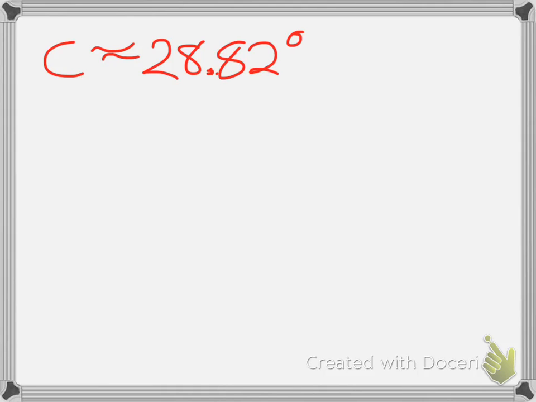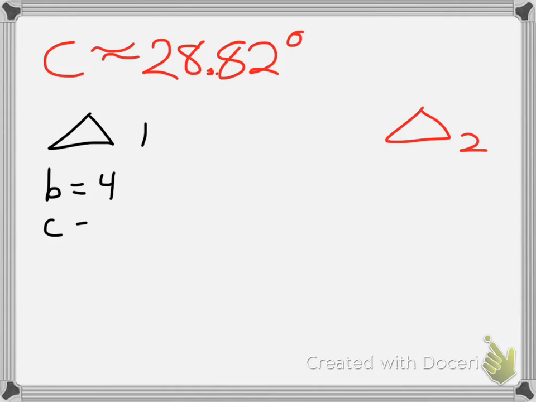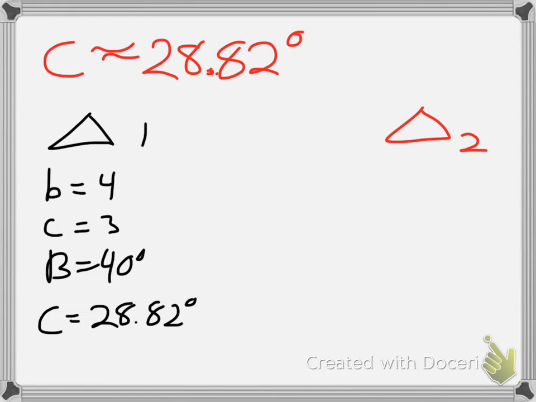Here's where I determine how many triangles I can have. Let me set up what I already know. So 2 possible triangles. My first triangle, I know that I have B is equal to 4, C is equal to 3, angle B is 40, and now I just found out that C is 28.82 degrees.